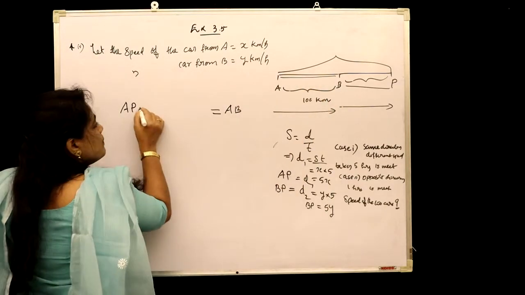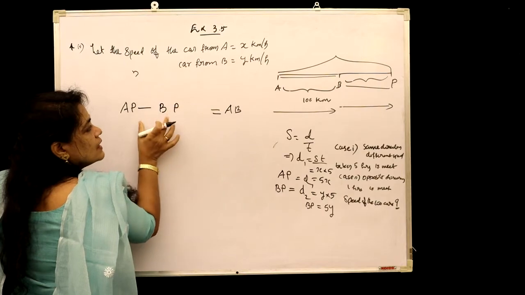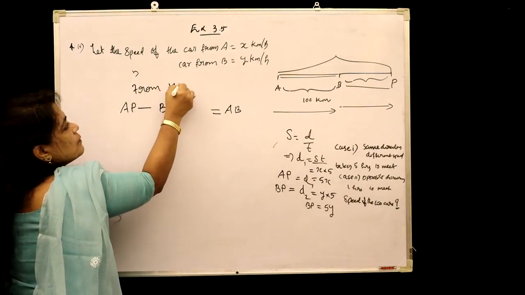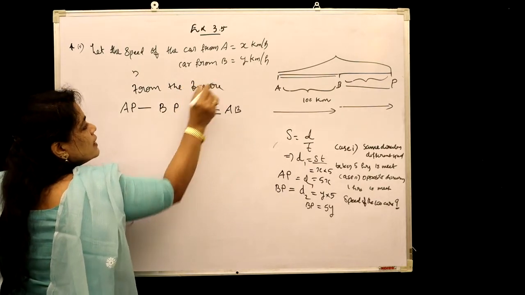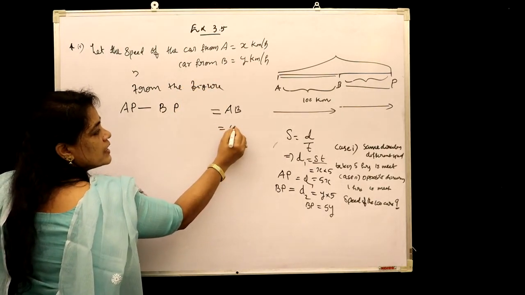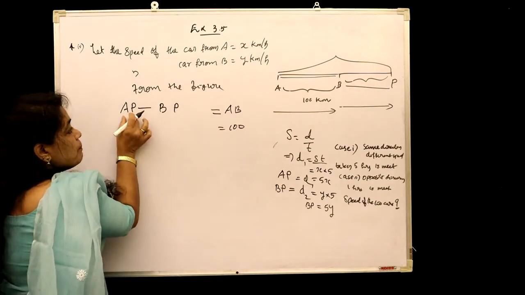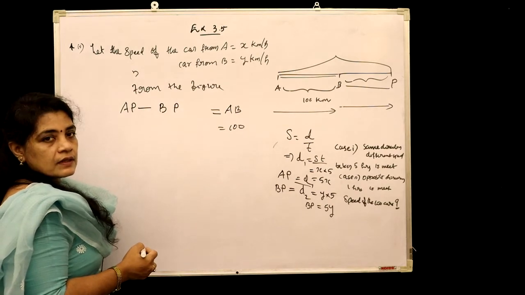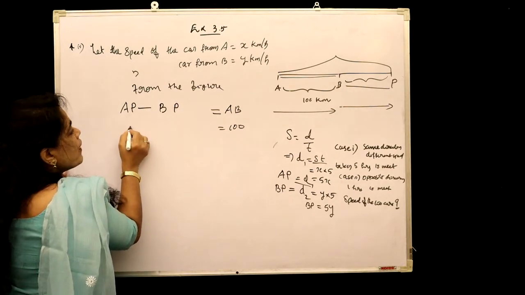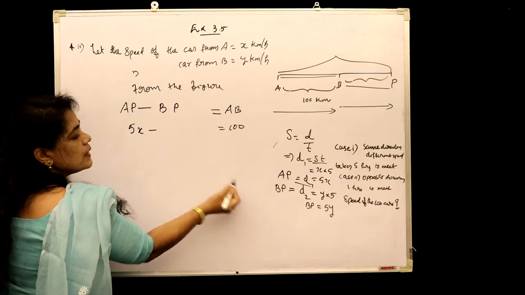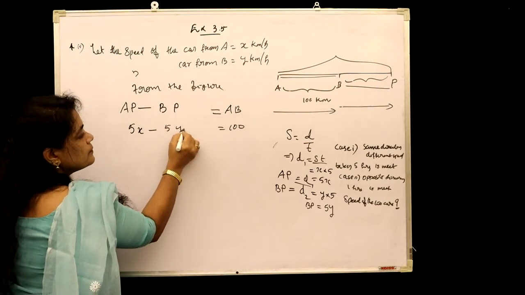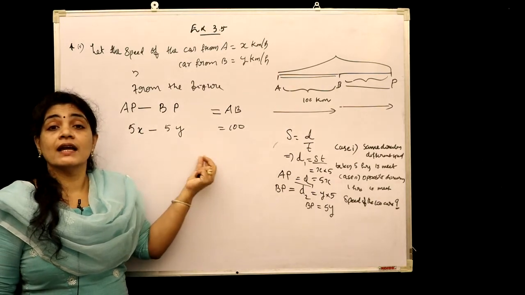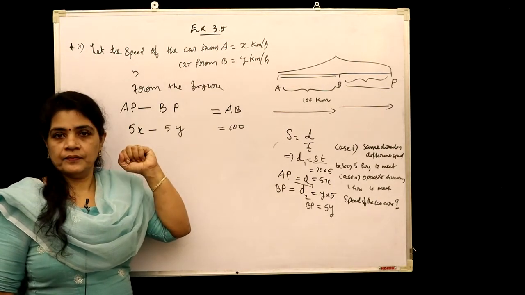So AP minus BP is nothing but AB. From the figure, it is very clear that this 100 is AP minus BP. What is AP? The distance travelled D1 by car A, that is 5x, minus BP, which is 5y. So we got the first equation, 5x minus 5y is 100.